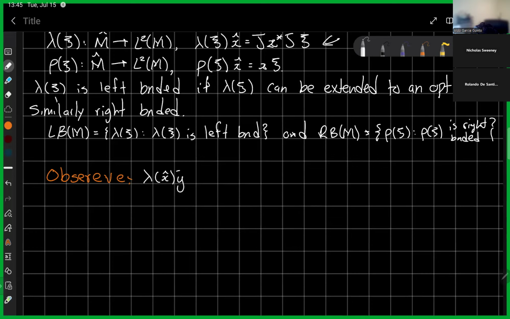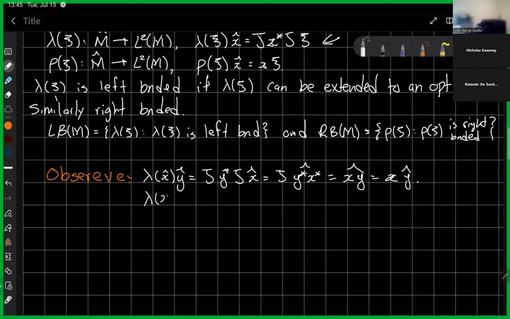Given y, this is equal to J x hat J y. By the computation above, I wrote this in the wrong order, it should be y hat x. So this is equal to J y star x star hat, which is equal to x y. And then again, by density, we have lambda x hat is equal to x.